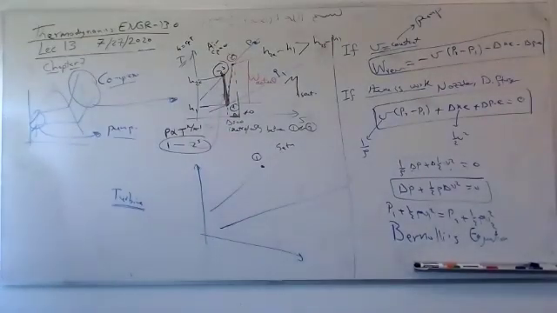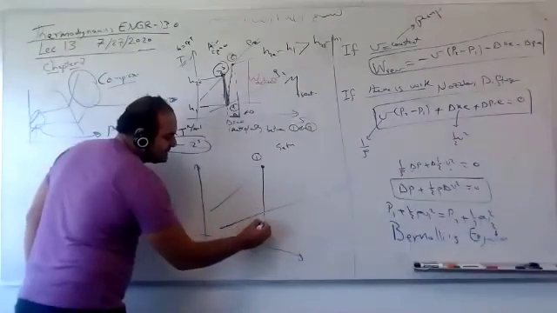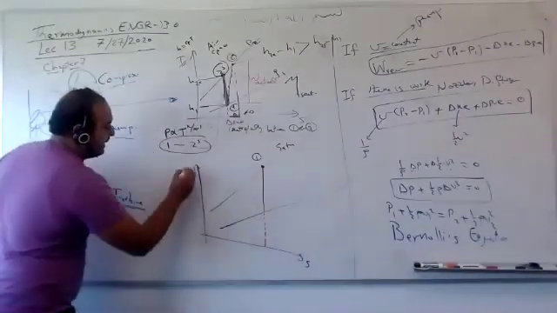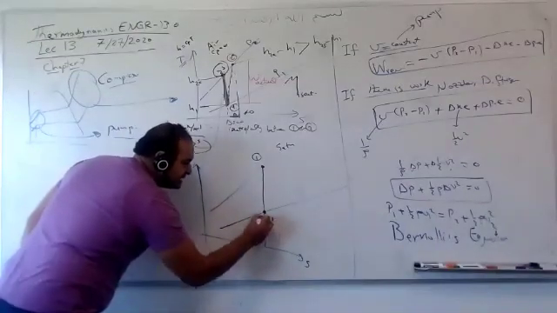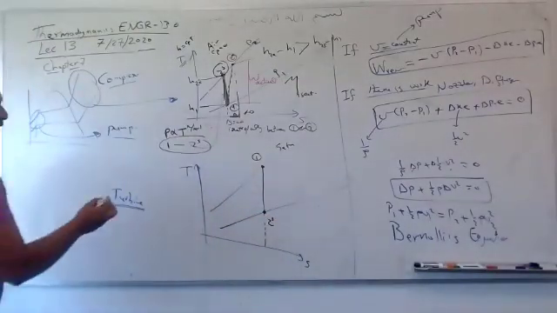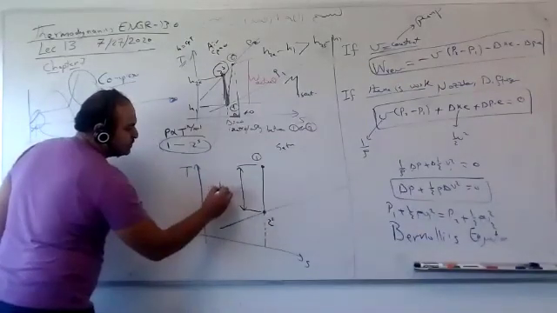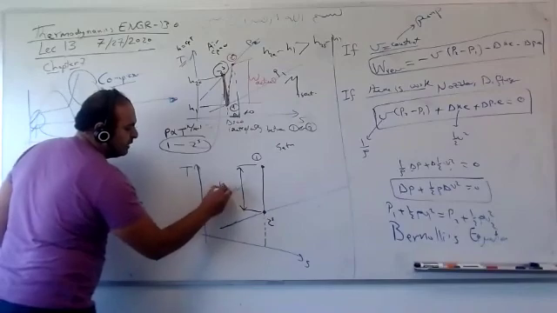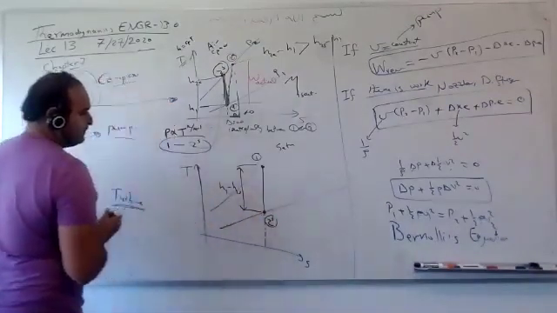If I have a perfect design, I go vertically downward with delta S equal to 0. This is the TS diagram. I wish to go to this point directly, 2S. So I get the most work. This is what I get: h1 minus h2S.